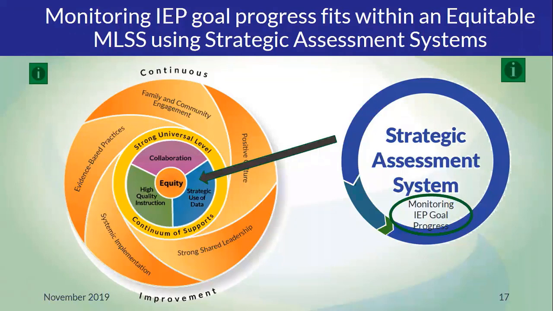So the IEP team can turn to the school or district's strategic assessment system to consider existing sources of progress data as they're designing progress monitoring procedures specific to the individual student's goals. So you're considering what you're already collecting and how that might be able to be used for progress monitoring. Again, the icons on the slide link to more information about multi-level system of support and the strategic assessment system.